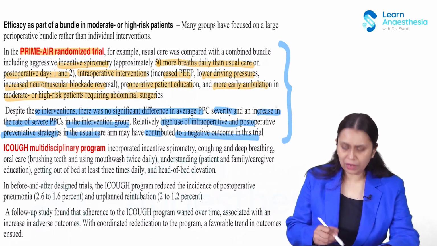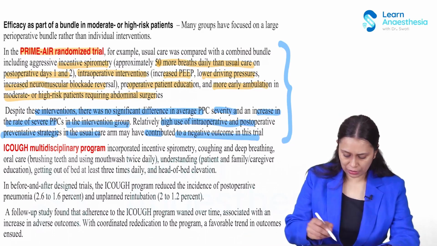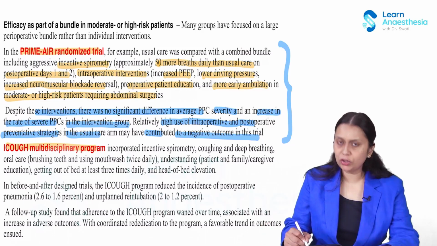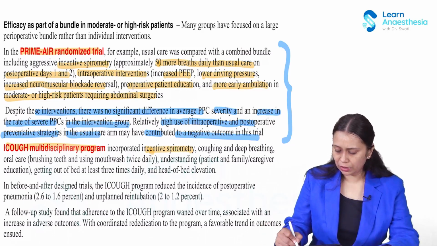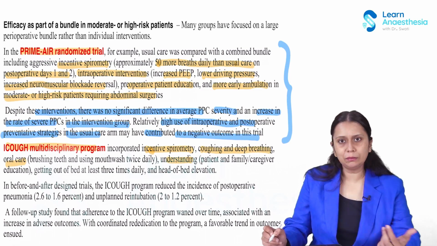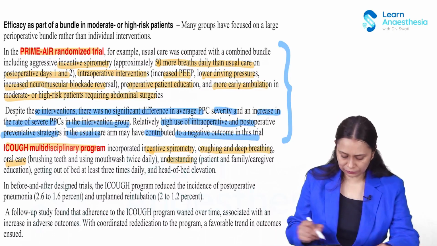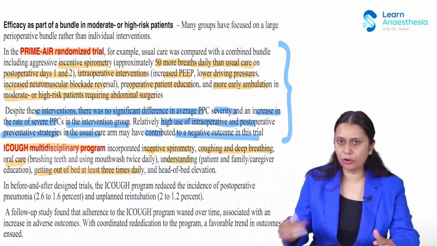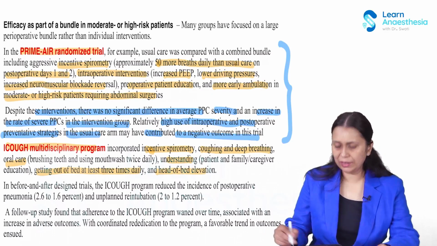Okay. Then there was another study which was the I COUGH multidisciplinary program. In this, what was incorporated: incentive spirometry, coughing and deep breathing exercises, oral care, understanding by the family and the patient about how to expand the lung, getting out of bed at least 3 times daily for mobilization, and head of bed elevation.